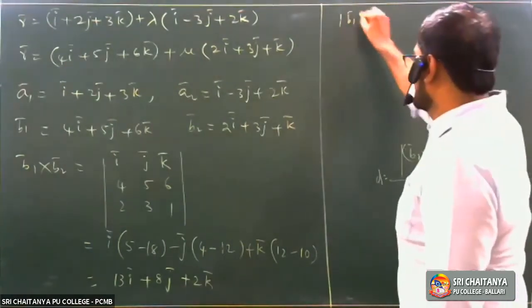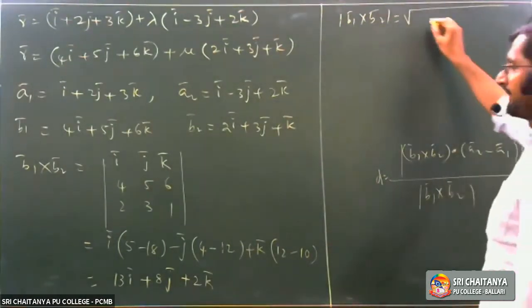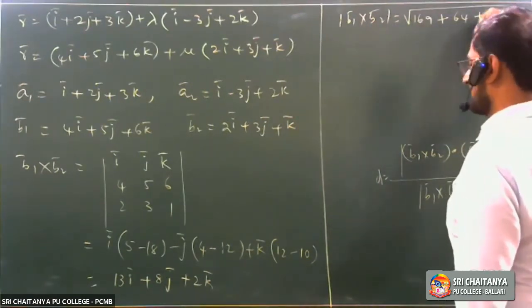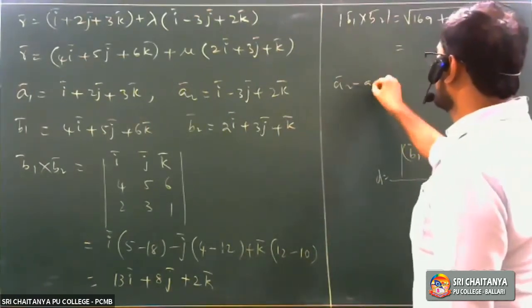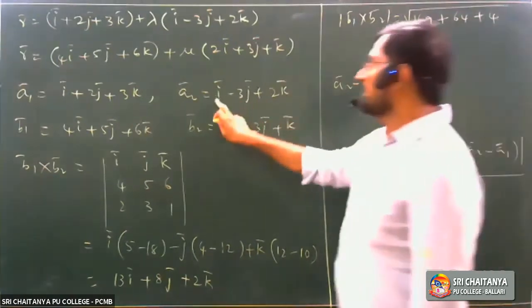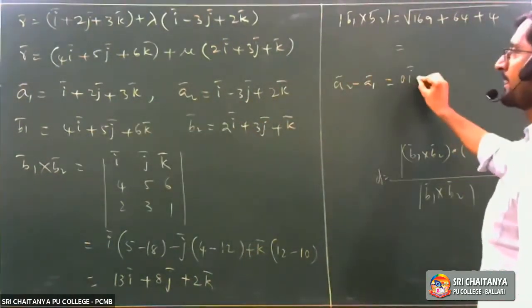Now find the magnitude of that one. Mod B1 cross B2 is equal to root of 169 plus 64 plus 4. You simplify this and find out A2 bar minus A1 bar. 1 minus 1, 0 i bar, right?